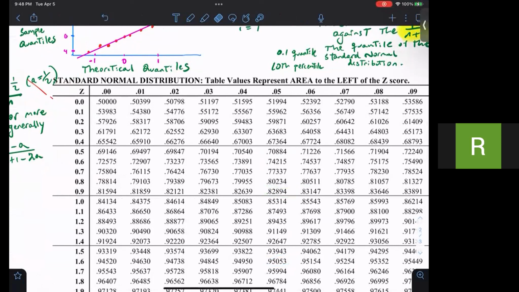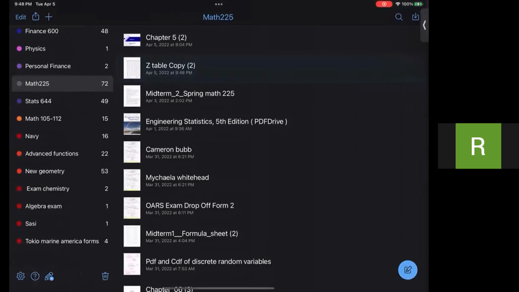So 0.70 is here. The Z value that belongs to that is 0.5 and 0.03. You get 0.53.